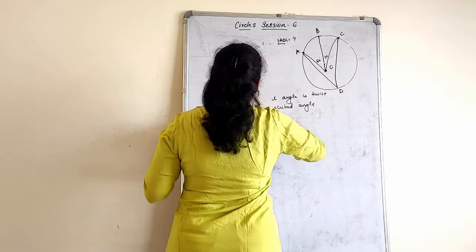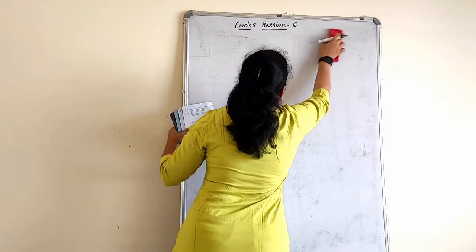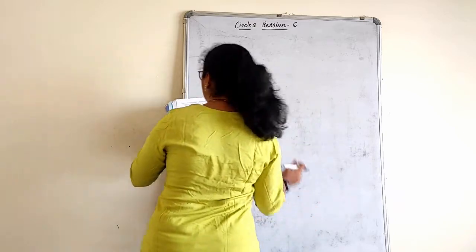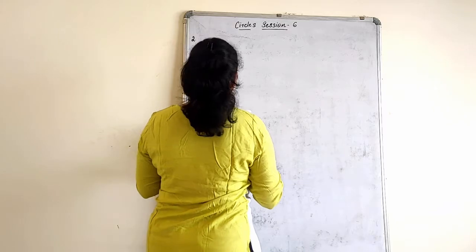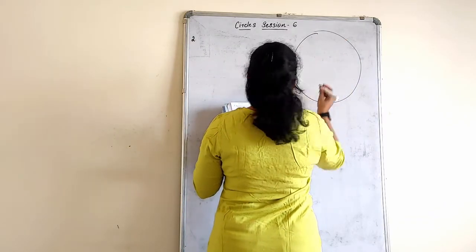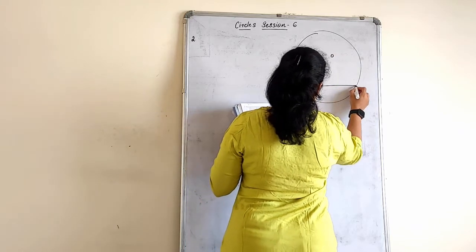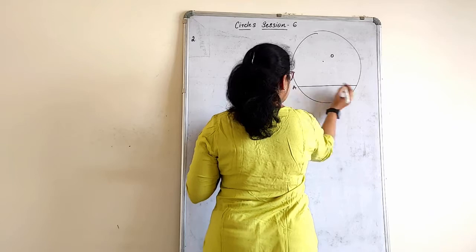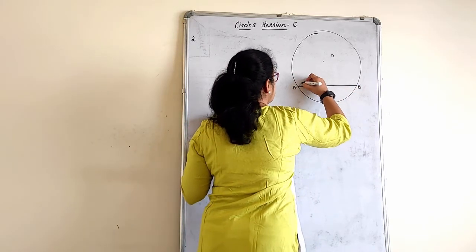Let's start with the second one. A chord of a circle is equal to the radius of the circle. The figure is not given. Assume that this is a circle with center O. I'll say that AB is a chord. A chord of a circle is equal to the radius of the circle.